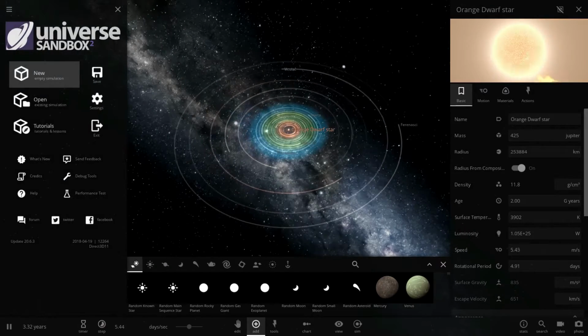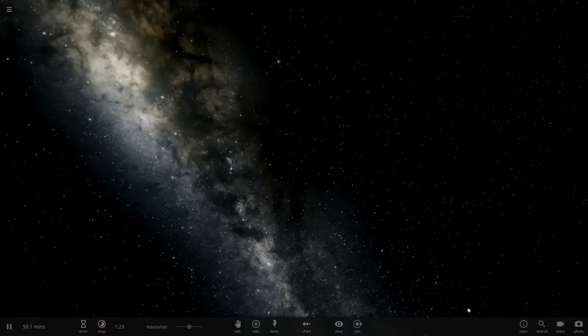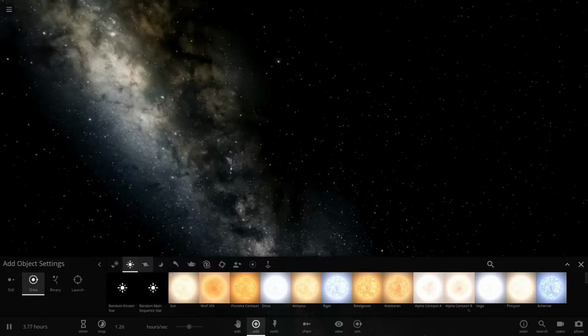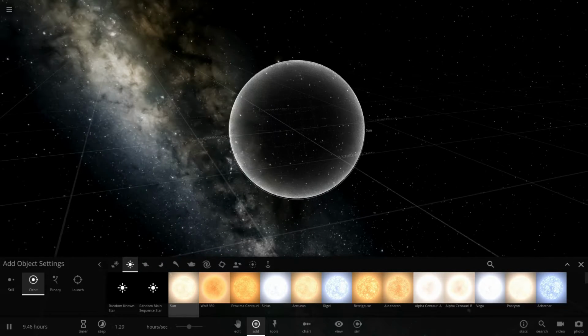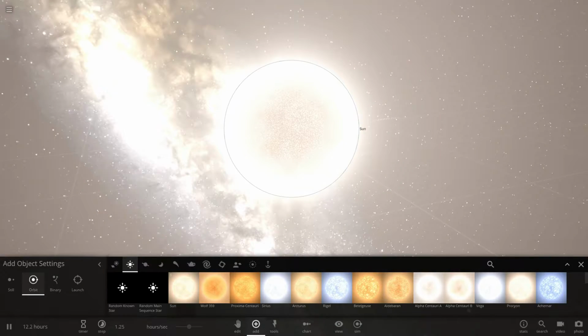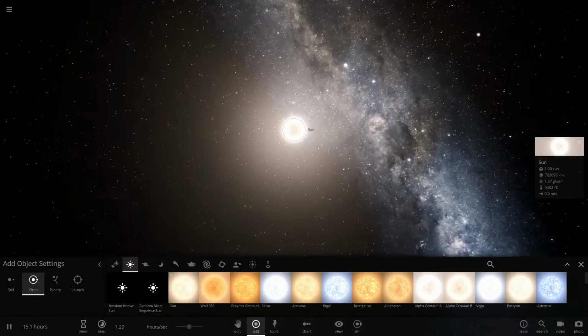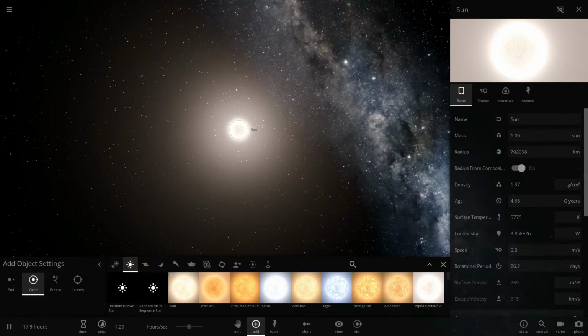And now we move on to the star class that we know the best. I'm going to get our favourite star out, the Sun. A G-class star, so a yellow dwarf star.